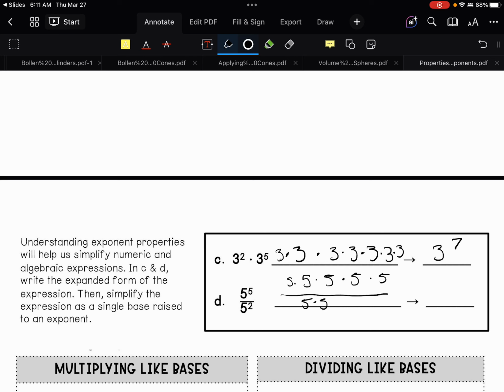So what we can do here is we can cross off, and then we get 5 to the 3rd. So you might have picked up on some rules. If not, we'll go over them.